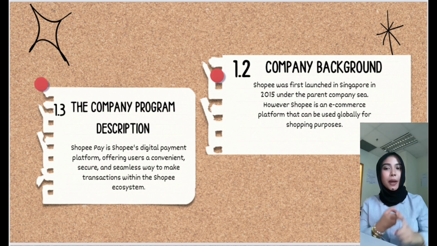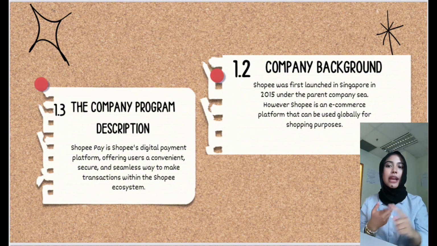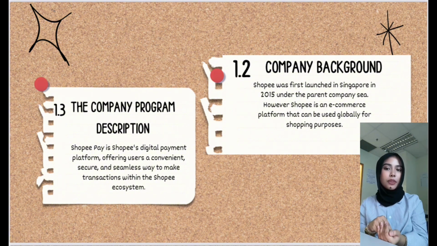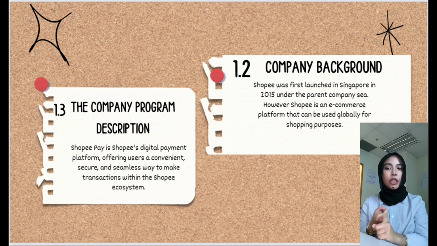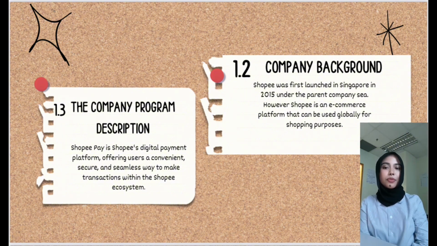The next point is about the company program description. ShopeePay is Shopee's digital payment platform offering users a convenient, secure, and seamless way to make transactions within the Shopee ecosystem. It serves as a digital wallet, allowing users to store funds and make purchases on the Shopee platform, as well as for other services like bill payments and peer-to-peer transfers. ShopeePay often provides promotions and discounts to users, incentivizing its use for transactions.